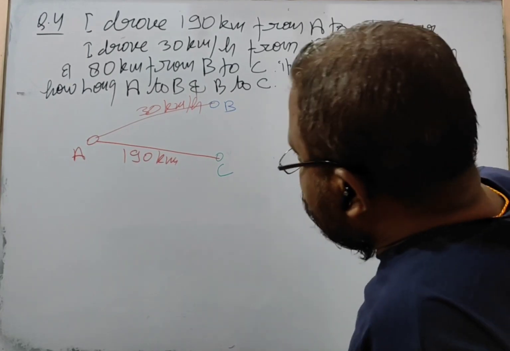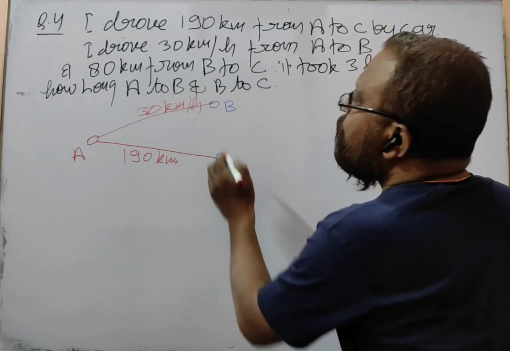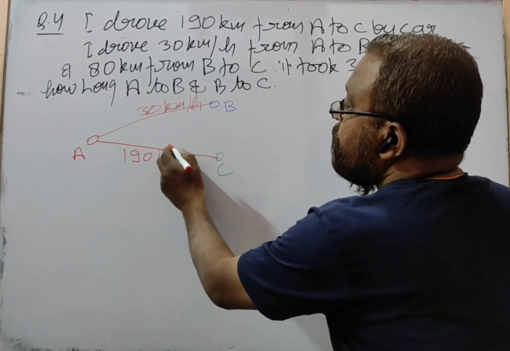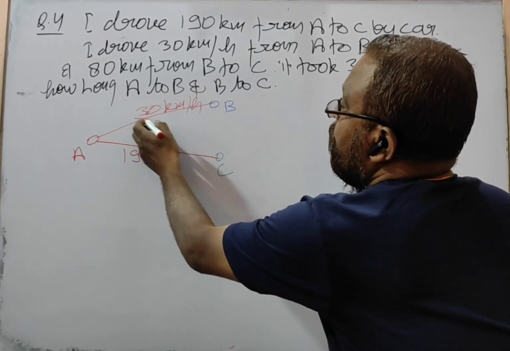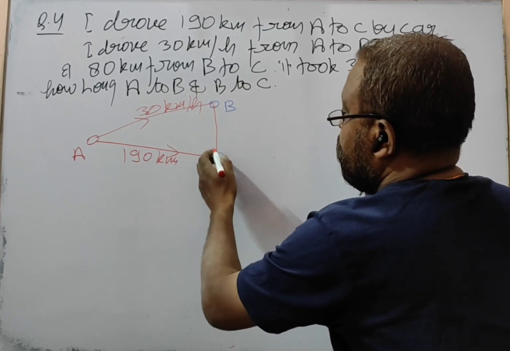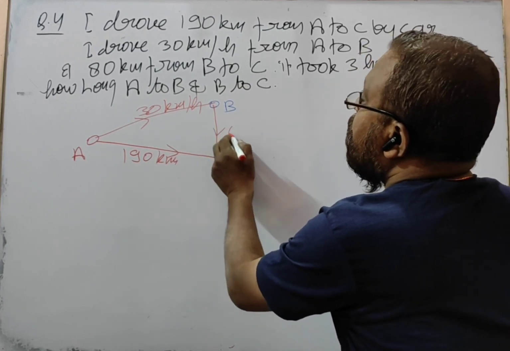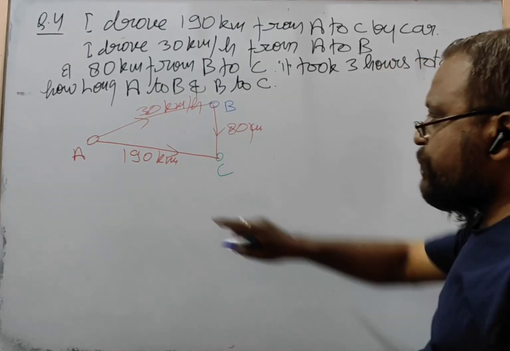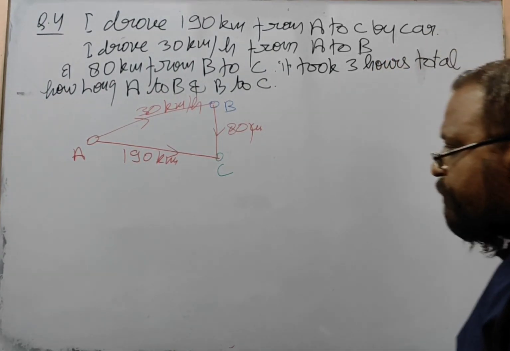And now B to C. It is coming in this direction, from B to C. That is 80 kilometers. This is the question we have.